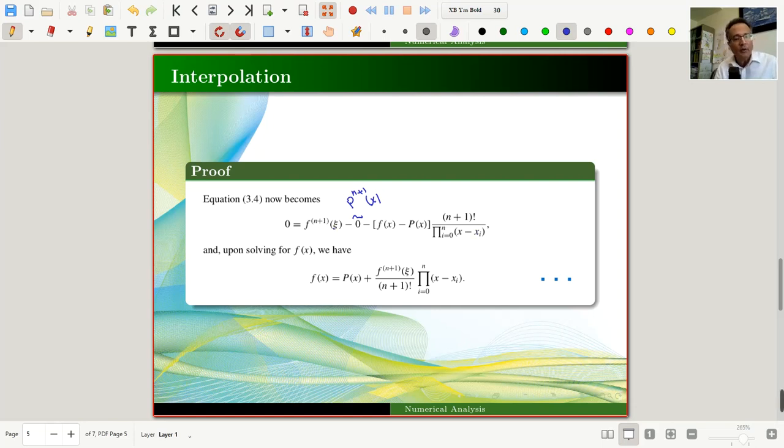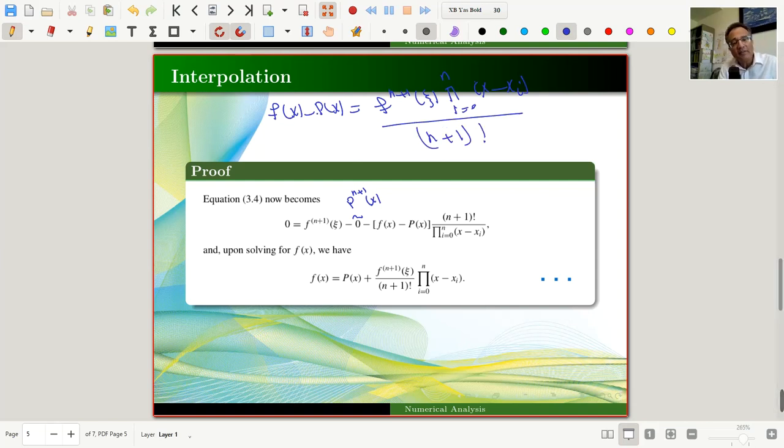If you compute f of x from this equality, let me write it for you: f of x minus p of x equal to f^(n+1)(xi) times the product of (x minus xi), i equal to 0 to n, over n plus 1 factorial.